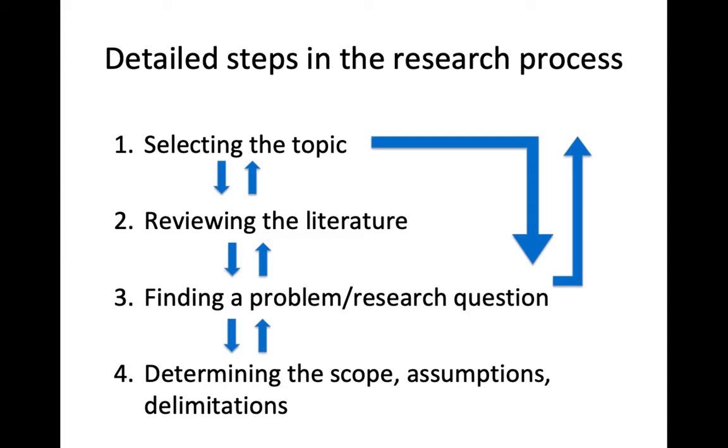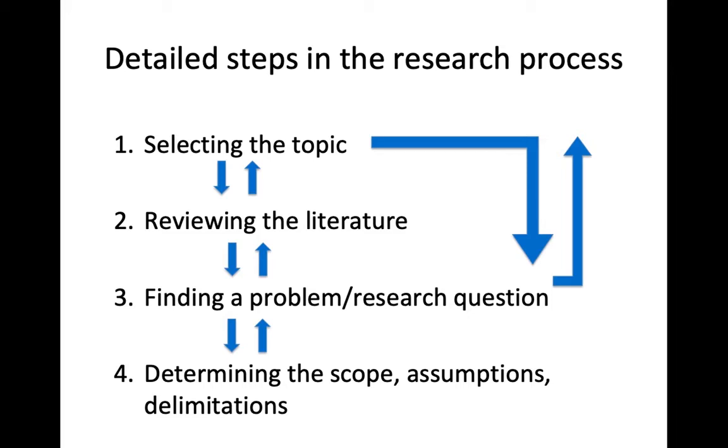The first step is selecting the topic. And this step is closely connected with reviewing the literature. So you can select some topic, look at the literature, and not being sure about it, go back, maybe slightly change the topic, and these two steps are actually intervening with one another.